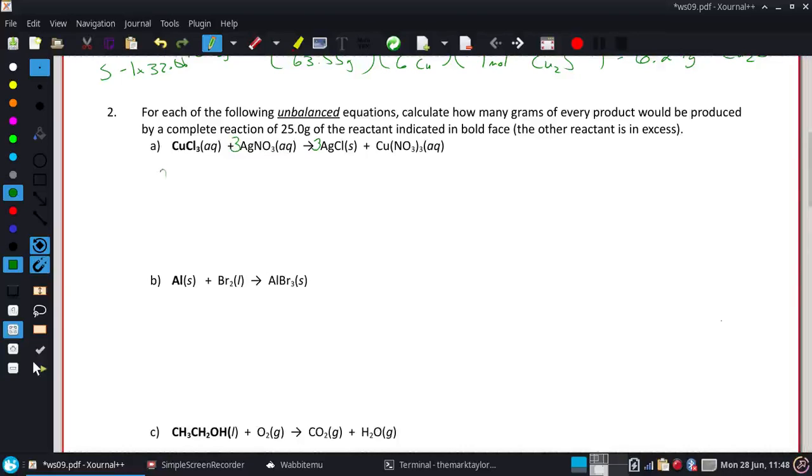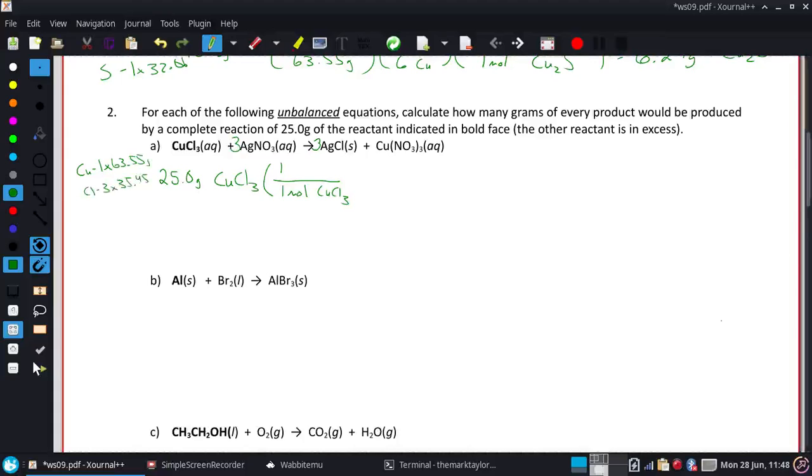All right, and I gave you 25 grams of copper chloride, copper 3 chloride. So copper is 63.55 grams, and chlorine is 35.45 grams.